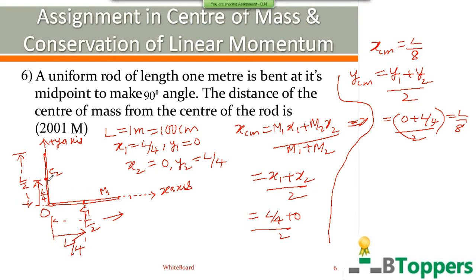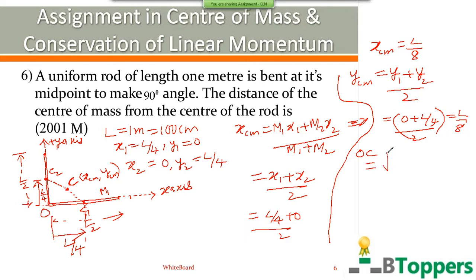So let's denote the center of mass of the system, that means of the rod. It lies at the midpoint of C1 and C2 because both the parts have the same mass, with coordinates denoted by x cm comma y cm. So the distance of the center of mass of the rod from the origin: in general, the distance of a point in the xy plane from the origin O is root of x square plus y square.